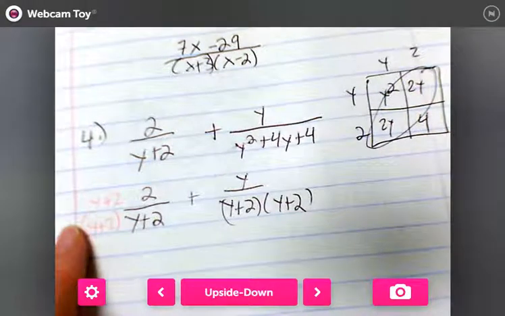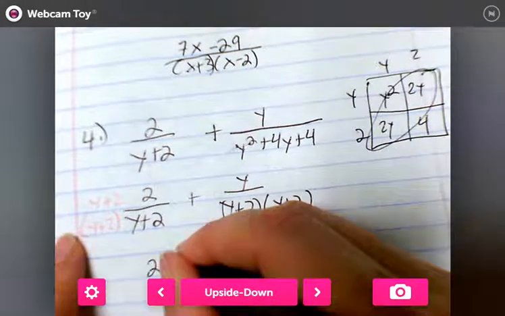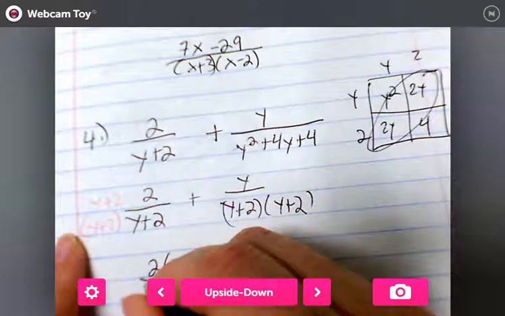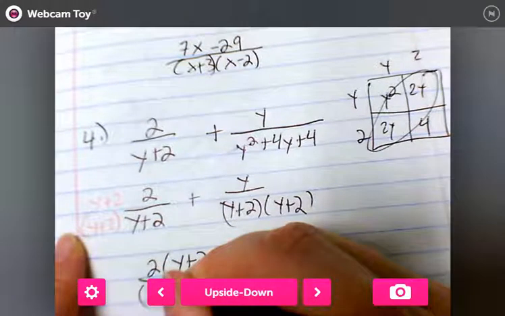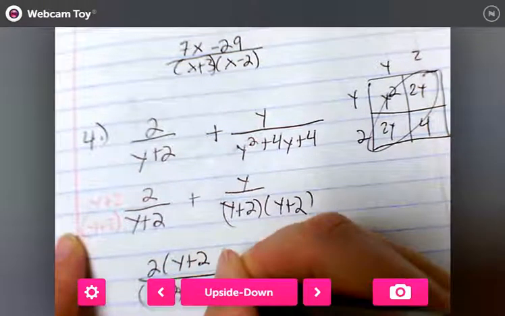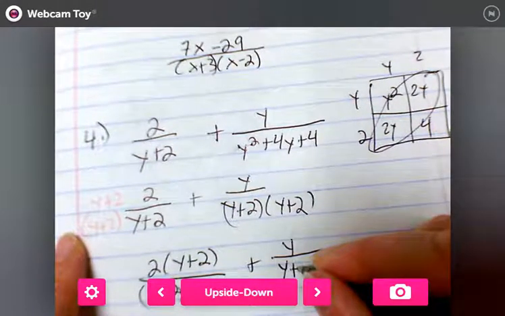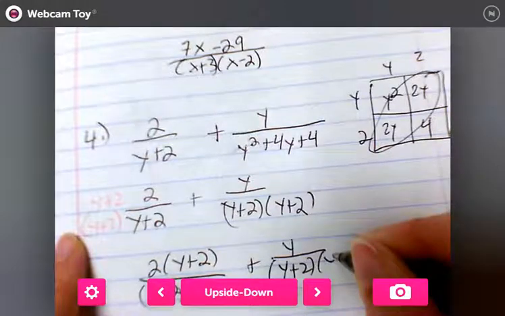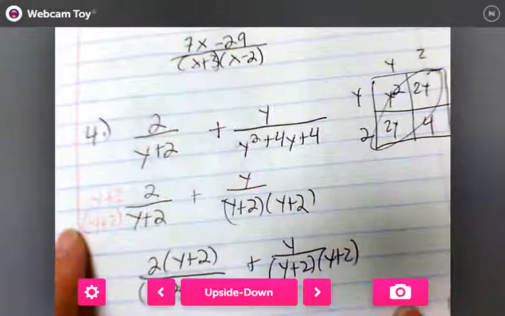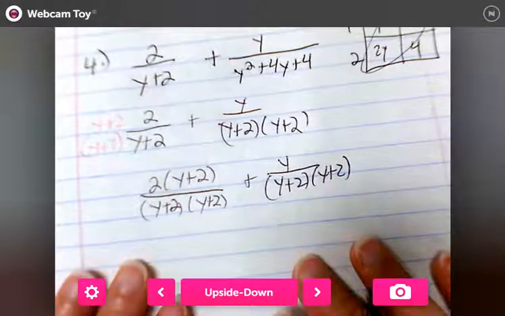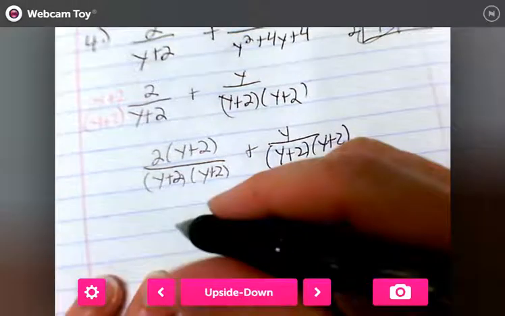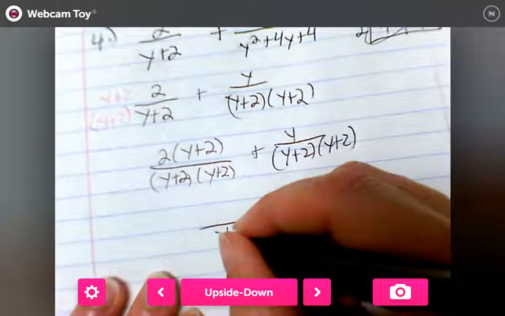So we're going to get 2y plus 2 over y plus 2 times y plus 2 plus y over y plus 2 times y plus 2. Okay? So now they're the same, so I can put them together. So I know I'm going to have that y plus 2 times y plus 2 in the bottom.